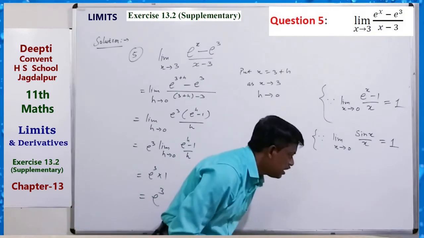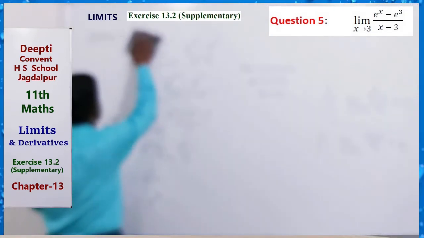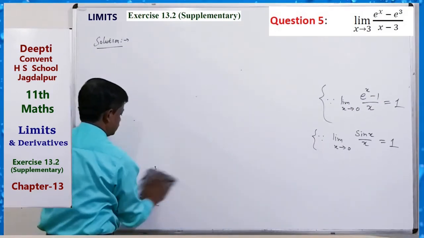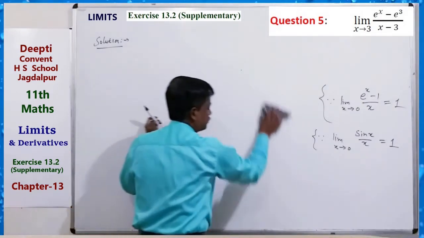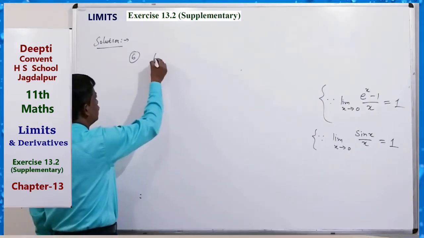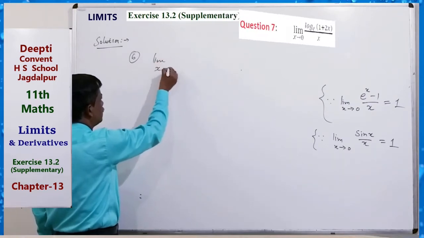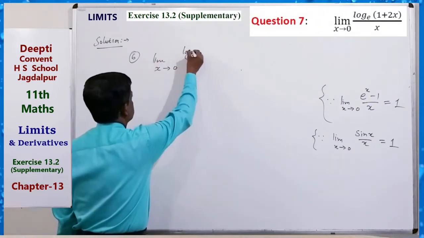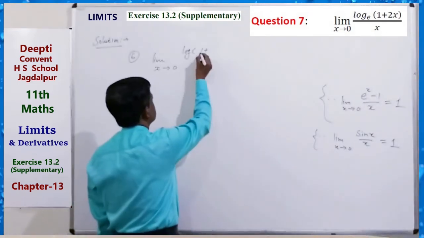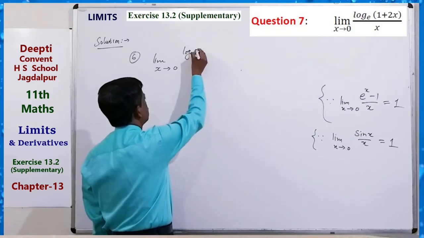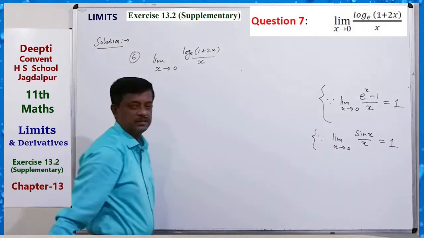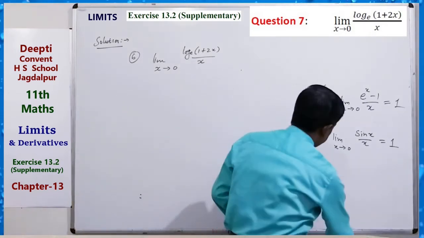Question 6: limit x tending to 0 of log of (1 plus 2x) by x. We know the related logarithmic formula.